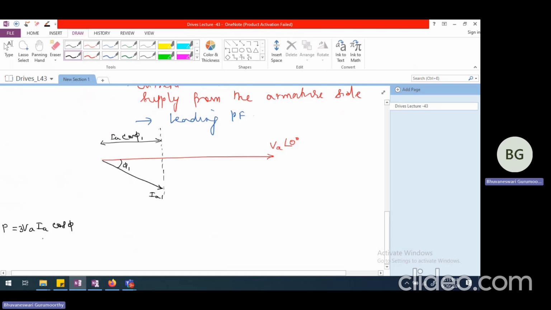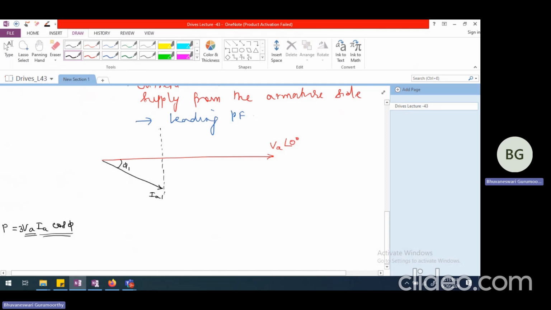So if the power is a constant, if VA is a constant because the machine is connected to an infinite bus, IA cos phi should also remain constant at constant power. So that's what I mean by writing here IA1 cos phi 1. This has to remain constant if we are talking about constant power operation of the synchronous machine.